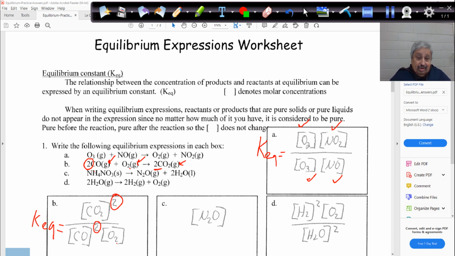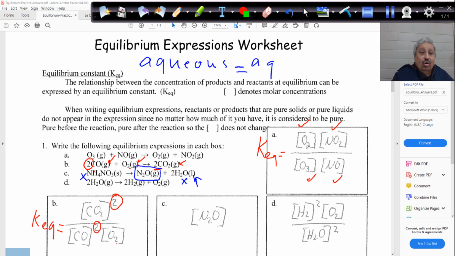Now, let's look for C. We have a problem with C, correct? That's the problem: this is liquid. So what? Discard. That's liquid. This is solid, correct? Discard. The only thing left with gas or aqueous is this. Remember, we are considering aqueous (aq) or gases (g).